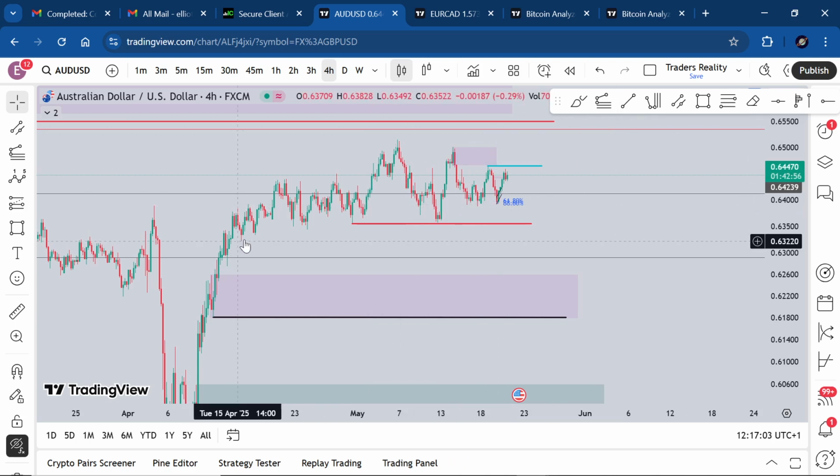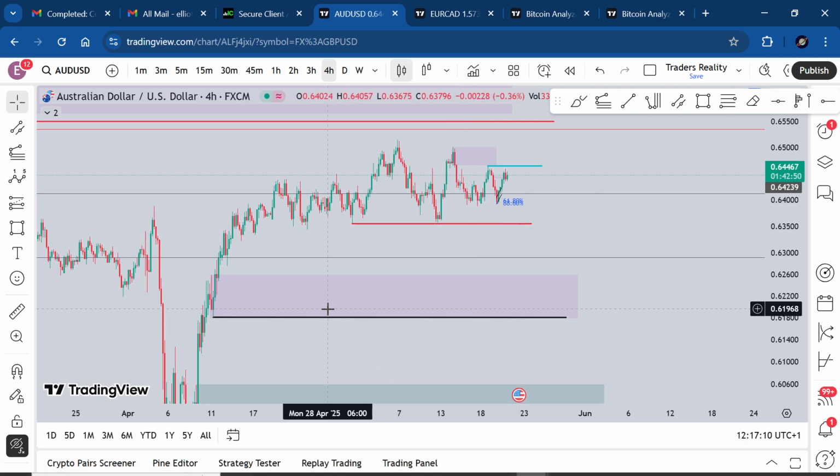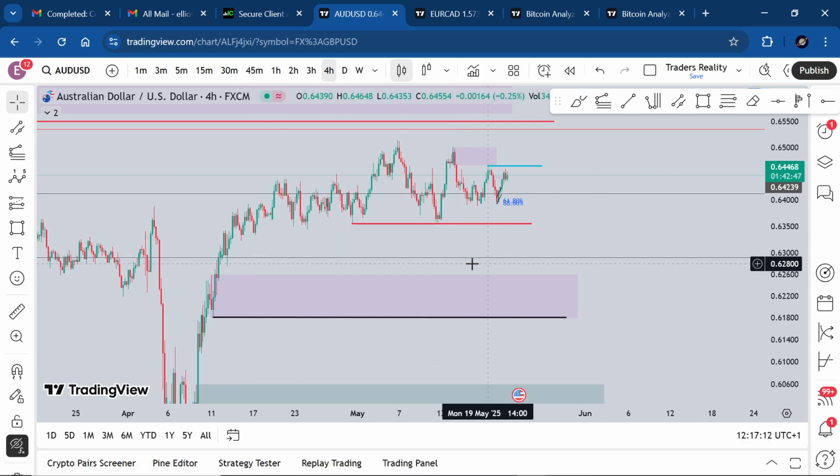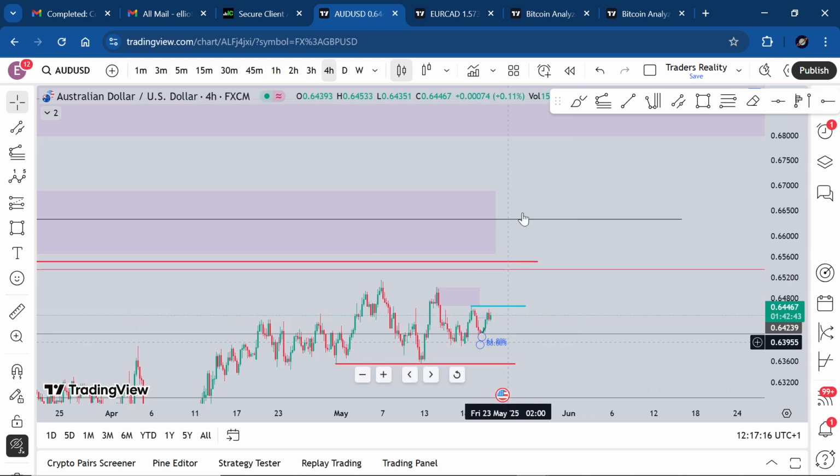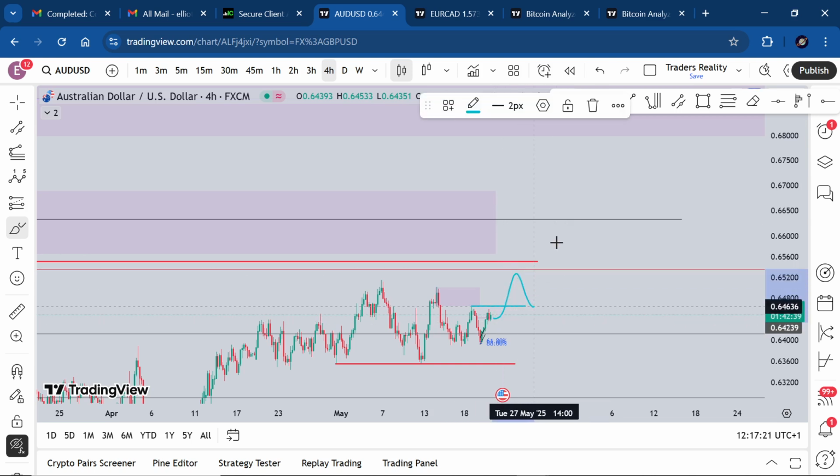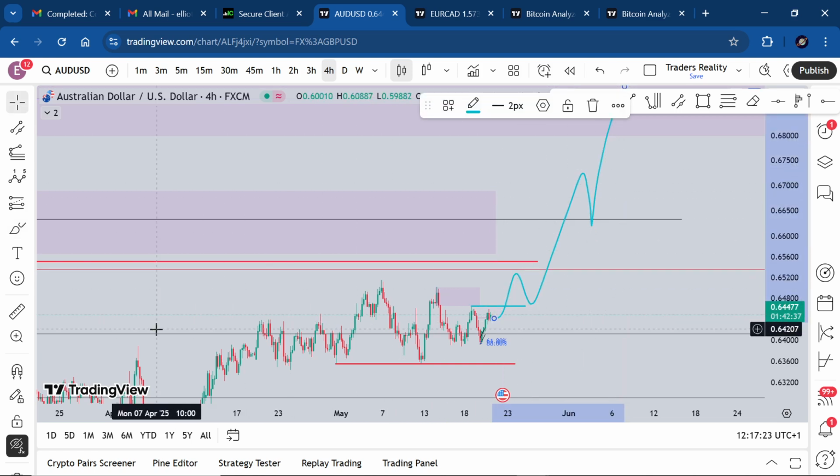You can see how much time we've gone sideways from like Monday the 21st of April. It's been a month exactly. So a month going sideways, expect continuation. And I believe that continuation is going to be higher for AUDUSD.